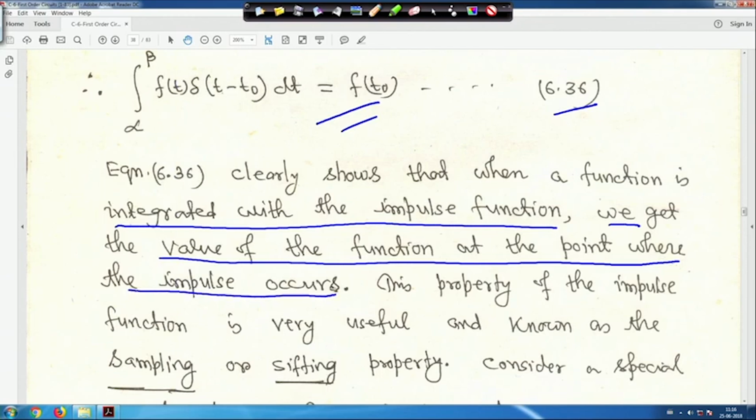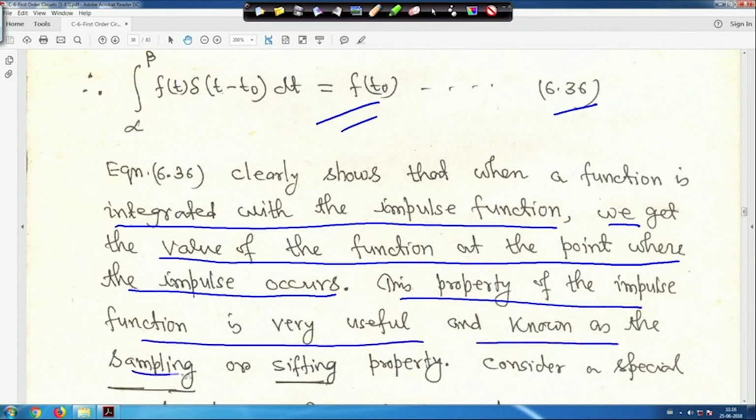This property of the impulse function is very useful and is known as the sampling property or shifting property. So this is very important. In this course we will study it only a little bit; more is available in a course like signals and networks, but here we just learn a little.